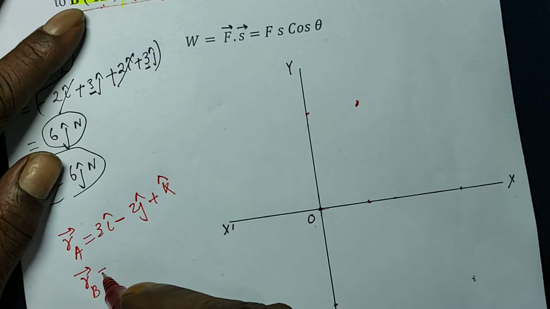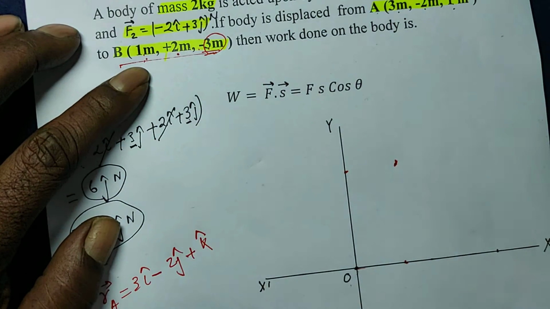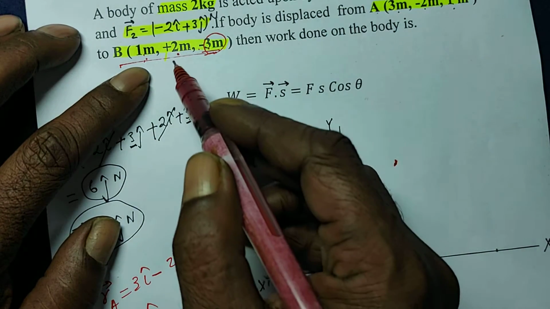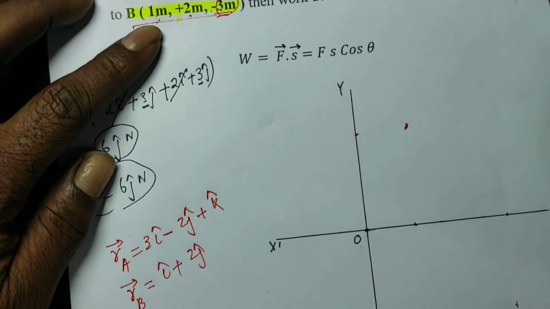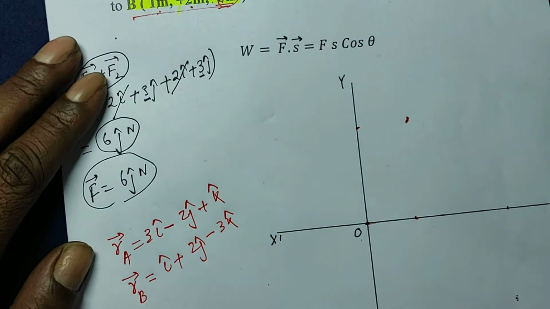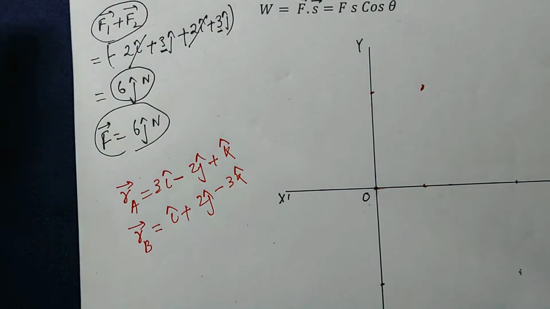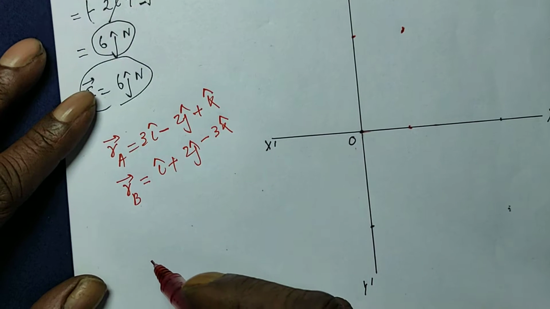So the position vector of B can be represented as 1i cap, that is i cap, plus 2j cap, minus 3k cap. And as I have explained in previous videos, what is the displacement vector therefore?